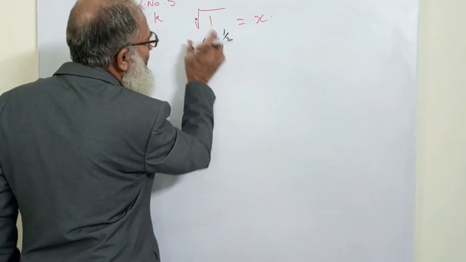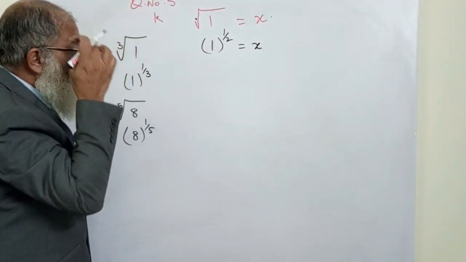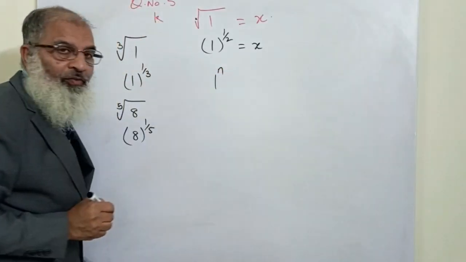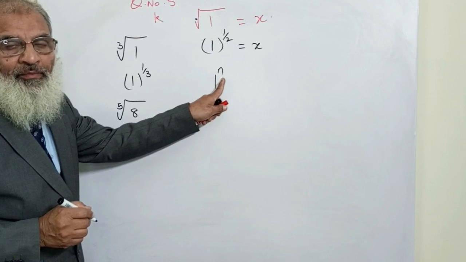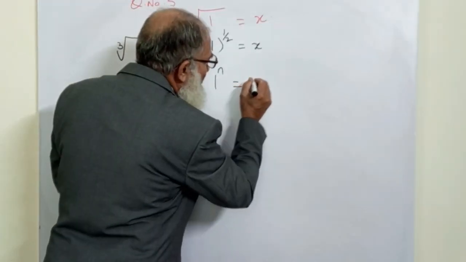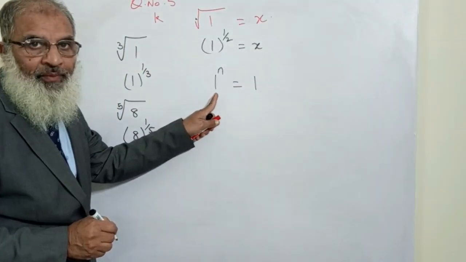So what comes here is, in the last question I told you, whatsoever the power of 1 be, let it be n, the number will remain the same, which is 1.